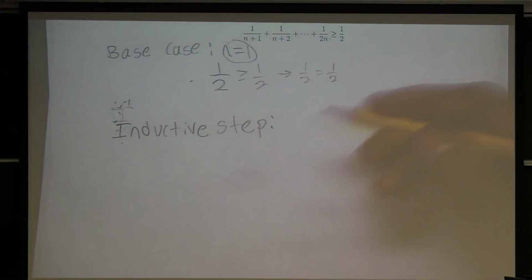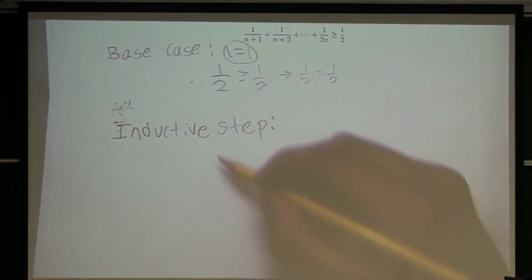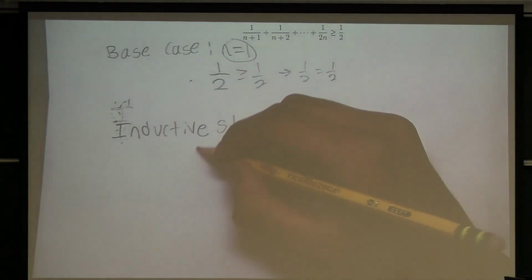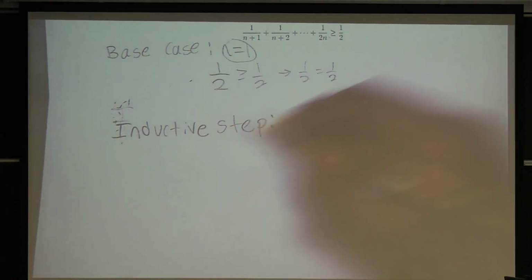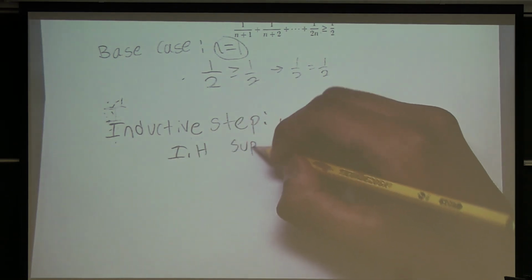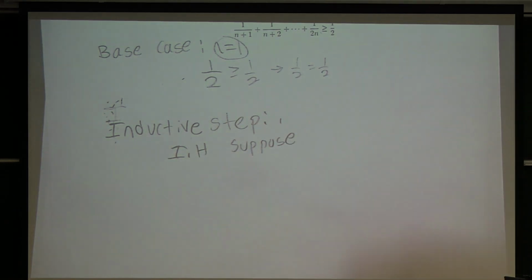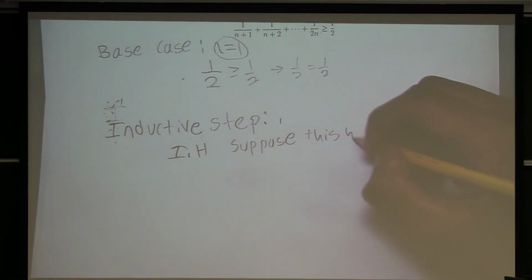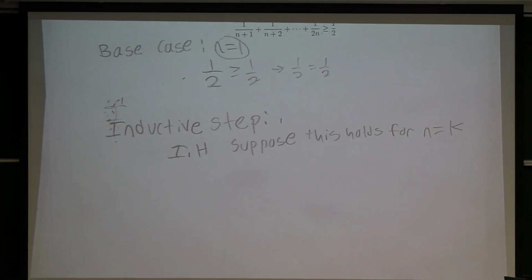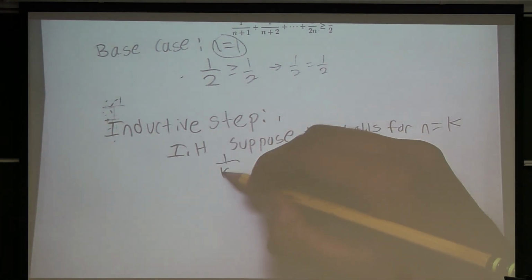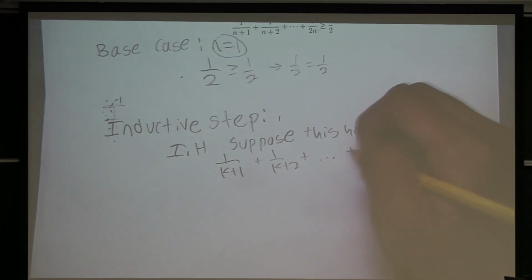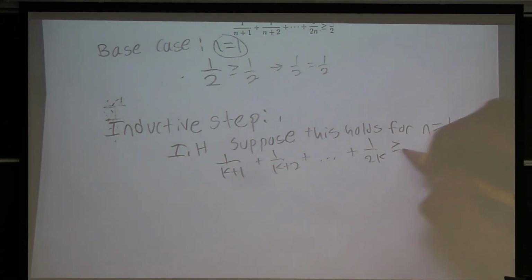So let's assume this inequality holds for an arbitrary k, so it holds for n equals k. In this case, 1 over k plus 1, plus 1 over k plus 2, plus dot dot dot, plus 1 over 2k is greater than or equal to 1/2.